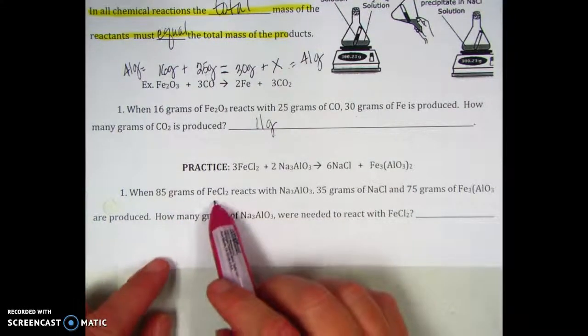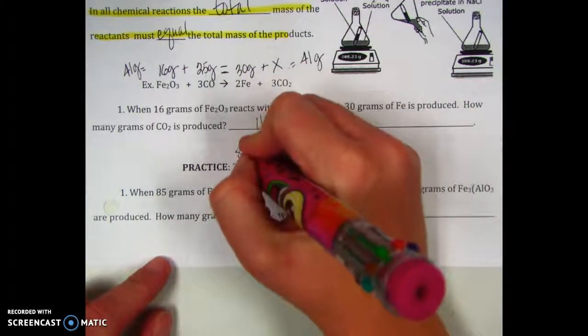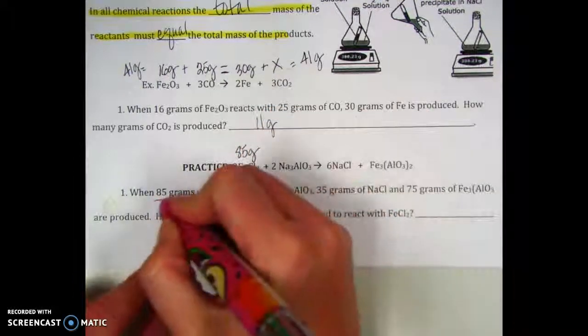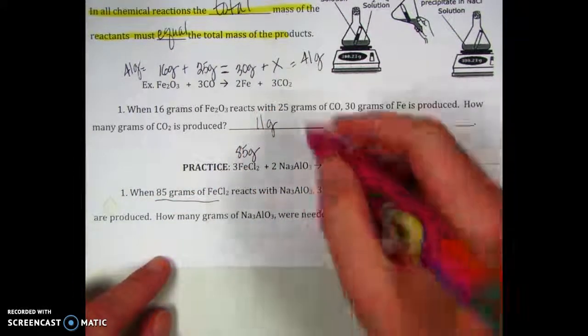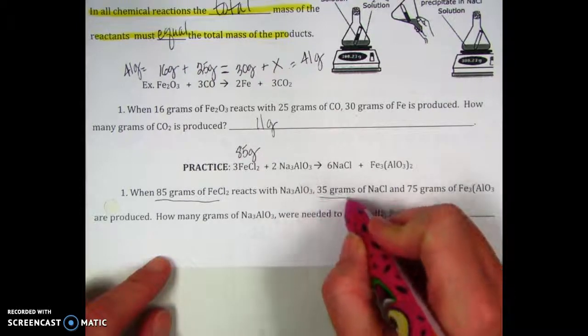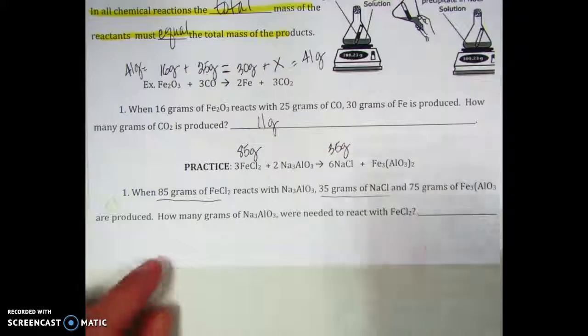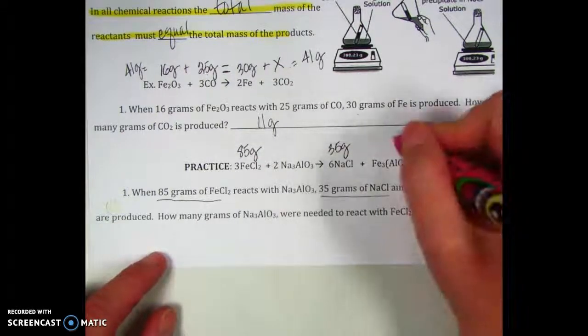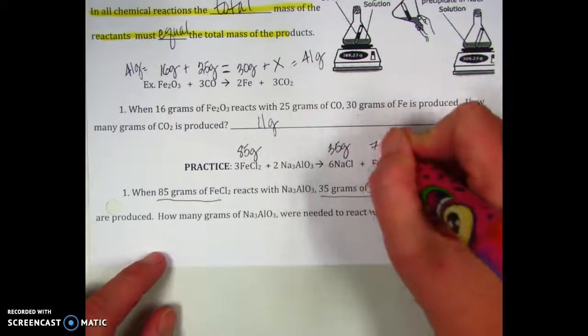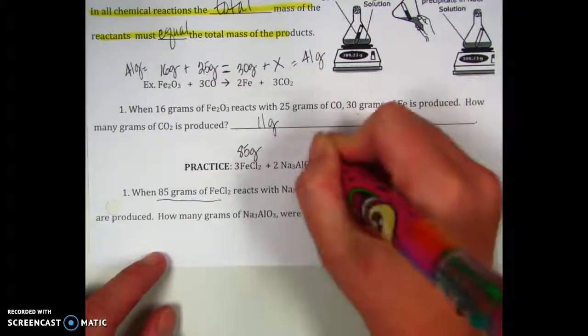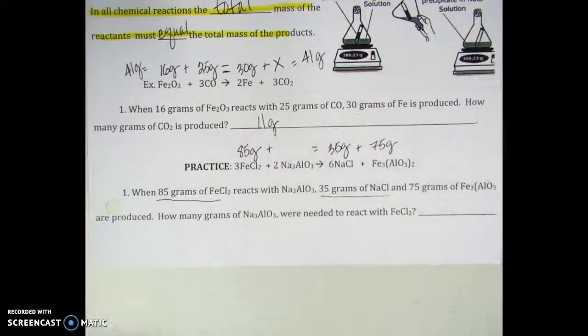With 85 grams, so 85 grams reacts with the sodium aluminate, 35 grams of sodium chloride, and 75 grams of iron 2 aluminate are produced. How many grams of sodium aluminate were needed to react?